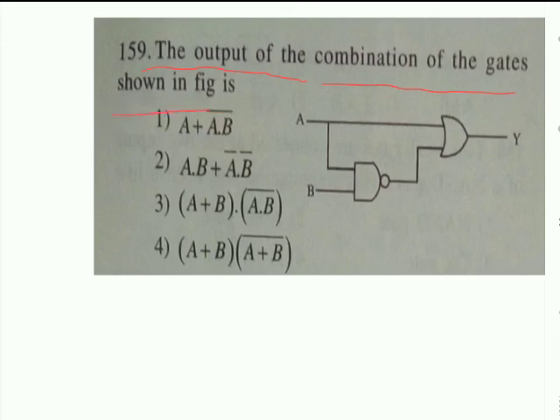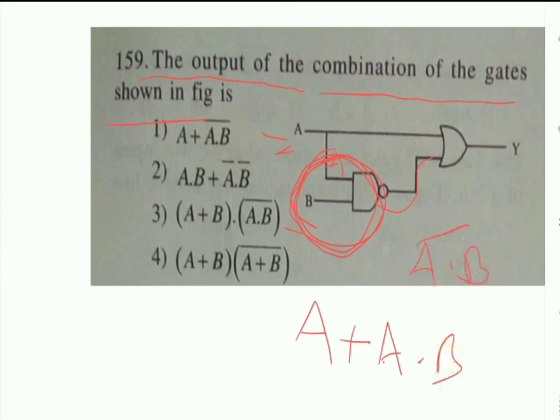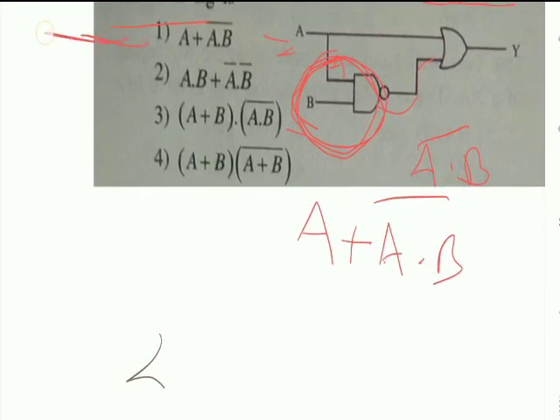So given A and B. A in NAND gate, this side also A. So this one first A, so A, this is A also NAND gate, input of the OR gate, so plus A, this is NAND gate A dot B, so A dot B. This is the answer, nothing but first one is the answer.